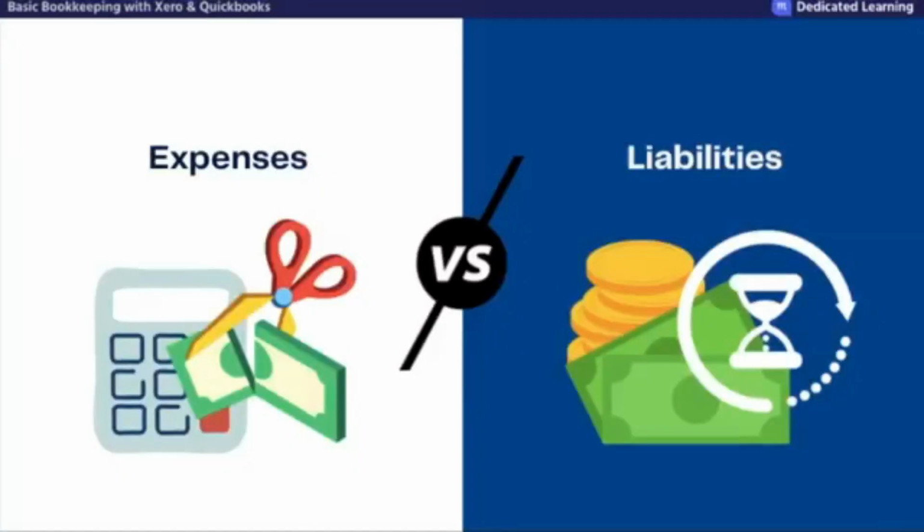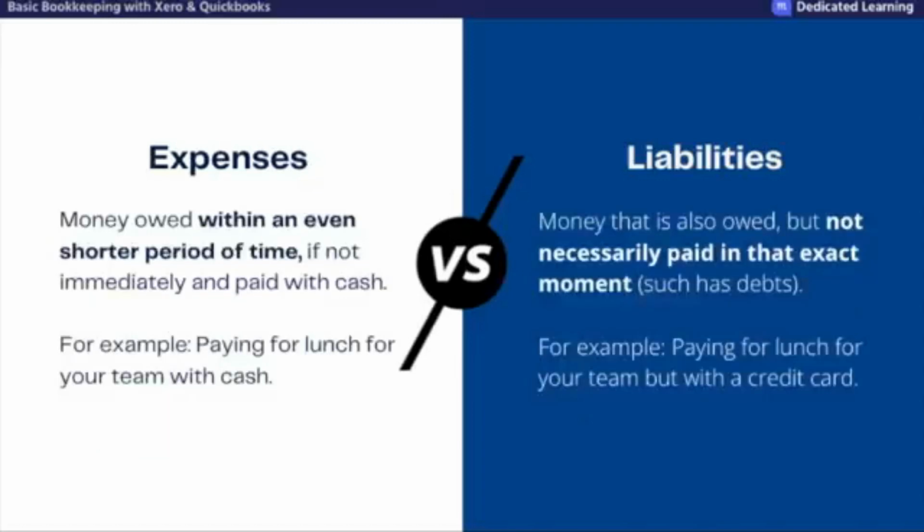Now, at this point, friends, I do also just want to clarify the difference between expenses and liabilities because sometimes you might interchange or mix up these two categories. You might be wondering how are these different since both of these concepts deal with money spent or money that is owed by the company or business.